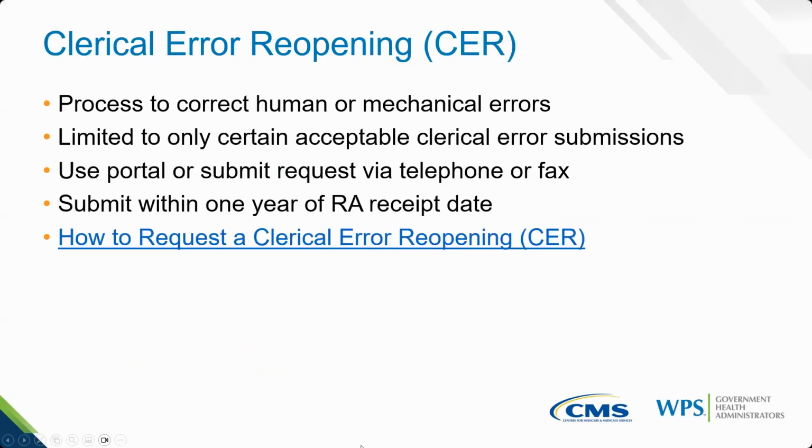Next, I do want to talk about whether you need to correct or appeal the MAC's decision to pay or deny a claim. I talked a bit earlier about that clerical error reopening, or CER process, and I told you I'd share more information. That information is here on this slide, and this is the process to correct human or mechanical errors. Clerical errors or minor errors are limited to errors in form and content.